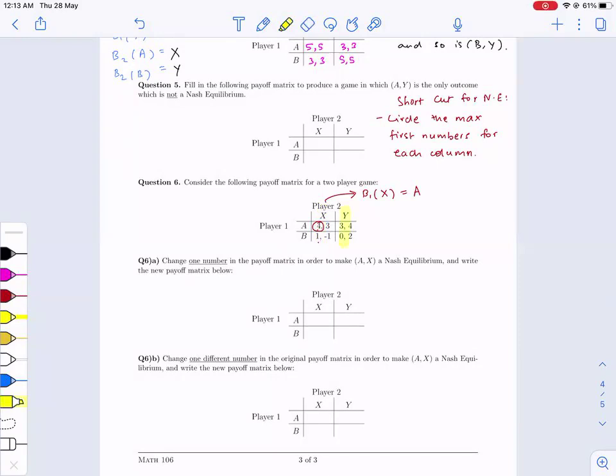Let's do the same thing for the second column this time. So look at the column corresponding to strategy Y, and now circle the maximum first number in this column. So between 3 and 0, 3 is the maximum. So you circle that.